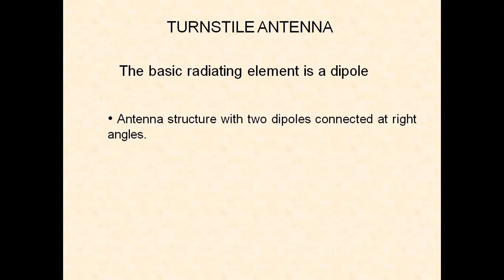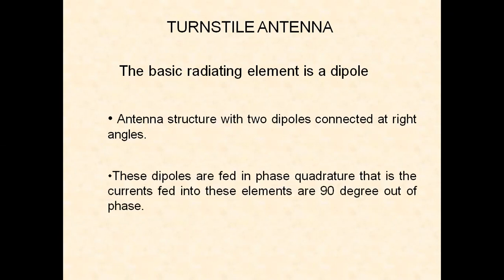In this type of antenna, two crossed dipoles are used in a turnstile arrangement, meaning perpendicular arrangement. The dipoles are fed 90 degrees out of phase. These dipoles are fed in phase quadrature, that is, the currents fed into these elements are 90 degrees out of phase.